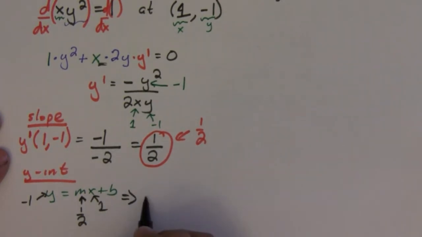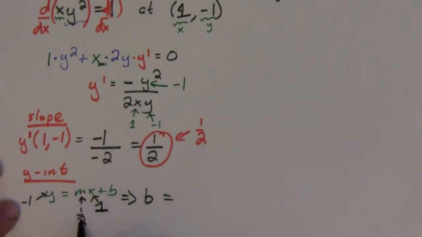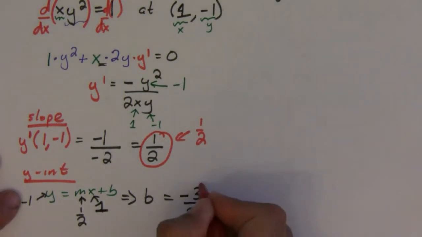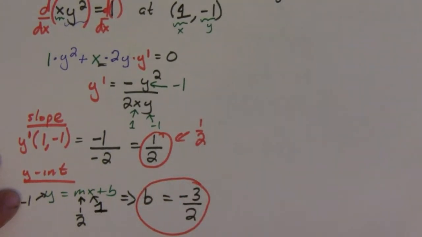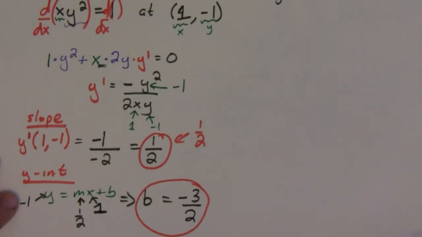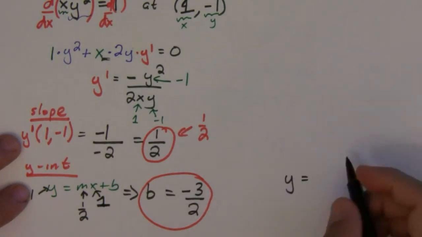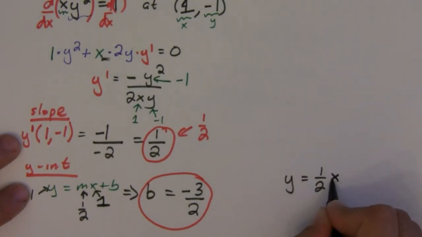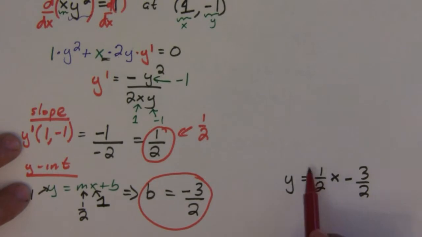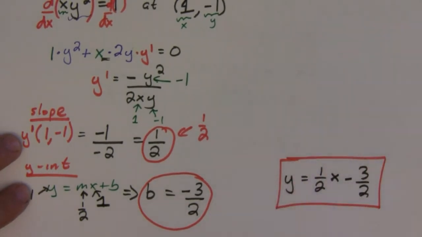And so this means that b, if I solve for it, is going to be negative 1 minus another half, so it's going to be negative 3/2. And so in the end, my equation of the tangent line is y equals 1/2 x minus 3 over 2. And that's it.